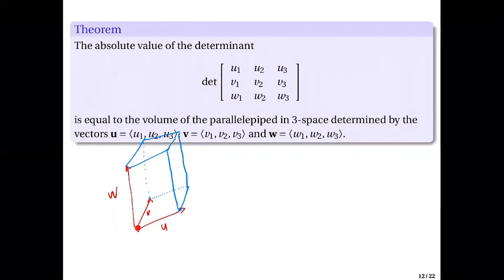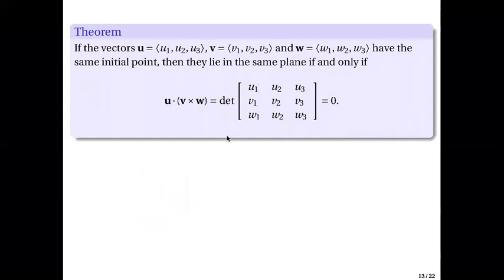Similarly, if you have some object and you look at the volume and find that the volume is equal to 0, and by volume I mean it in quotes, it means that you don't have a three-dimensional object. So that's what this theorem is saying.